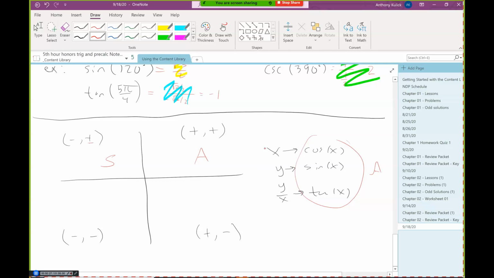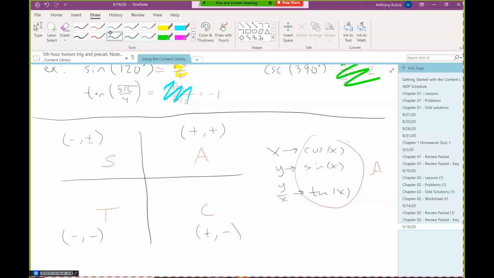How about in the third quadrant, between sine, cosine, and tangent, which one is positive? Just tangent. Everybody's okay there? And in the fourth quadrant, which ones are positive? Just cosine.